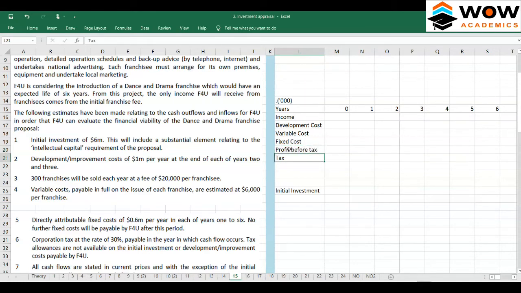We have profit before tax. Okay, I don't think there's any other cost here. I think we can start the sum. So we'll start from the income.